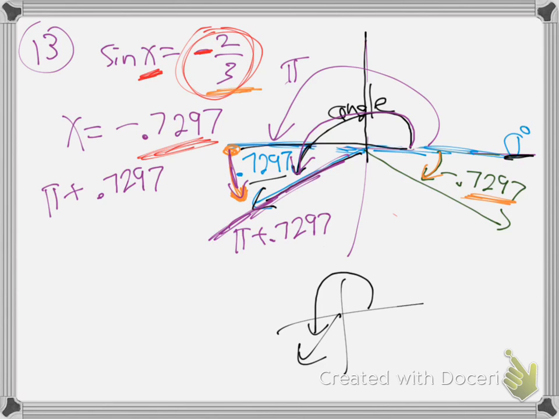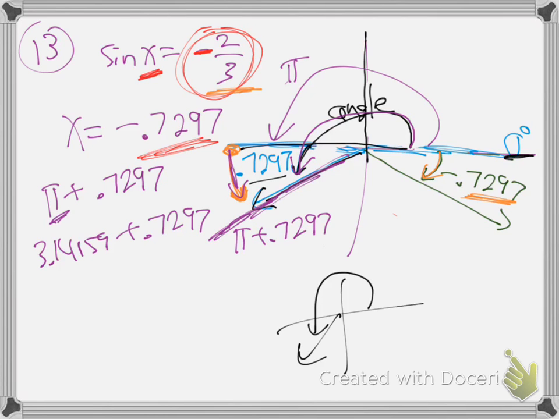The positive version, not negative 0.7297, right? That other answer is negative because it's down from the x-axis, but we're not down. We're pi and 0.7297 more added. So now use the pi button on your calculator, 3.14159, whatever your calculator says. You don't want to just use 3.14. That's not accurate enough, right?